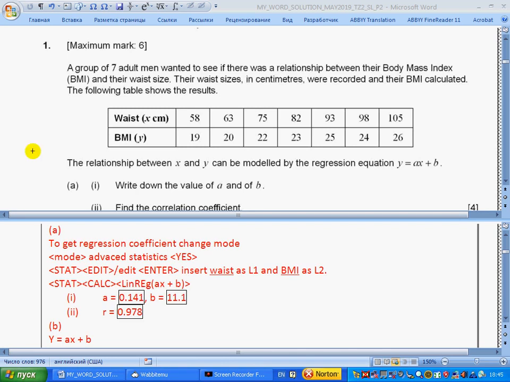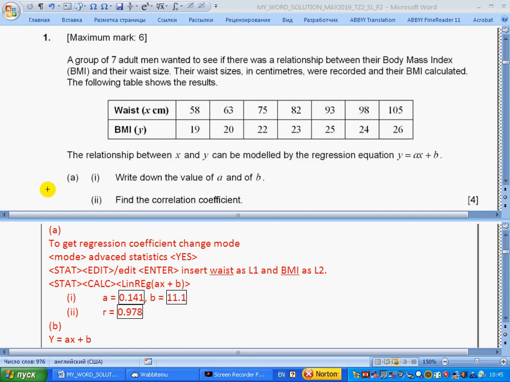The relationship between X and Y, here X is waist, Y is BMI, can be modeled by the regression equation Y equals AX plus B. Write down the value of A, find the correlation coefficient. I don't know why they put first A and B and then the coefficient. I will do both together.